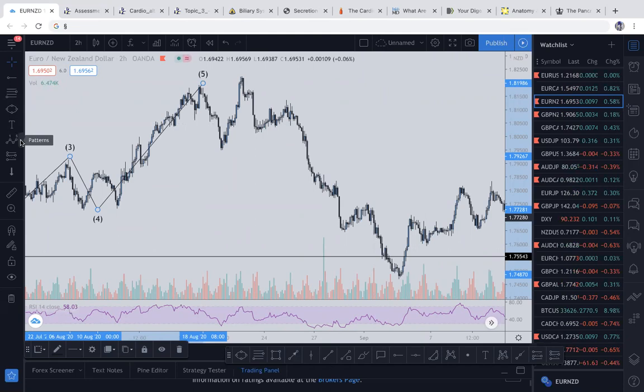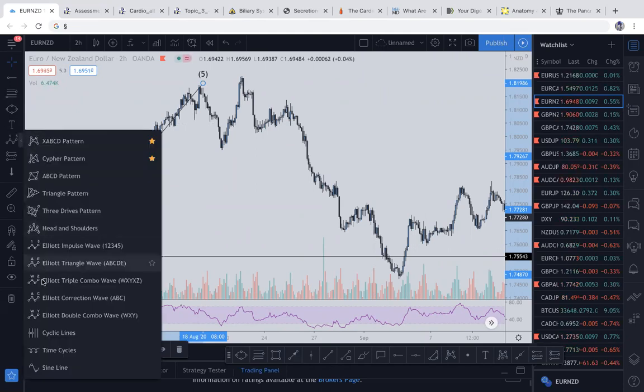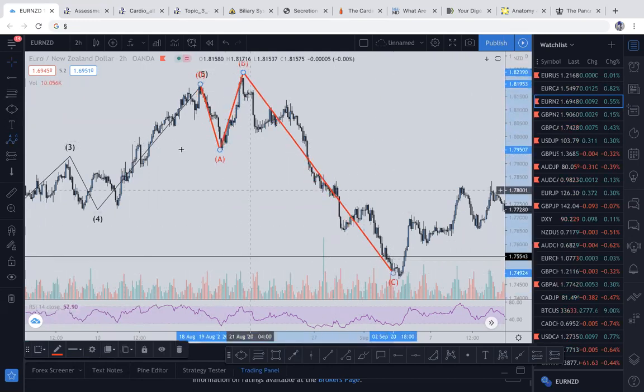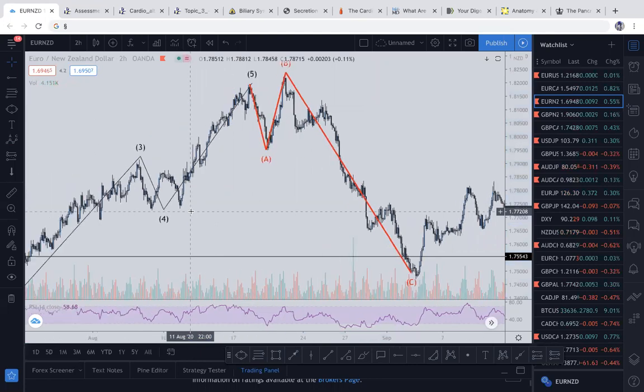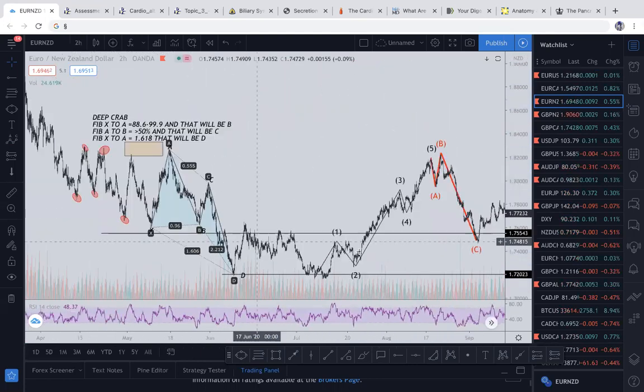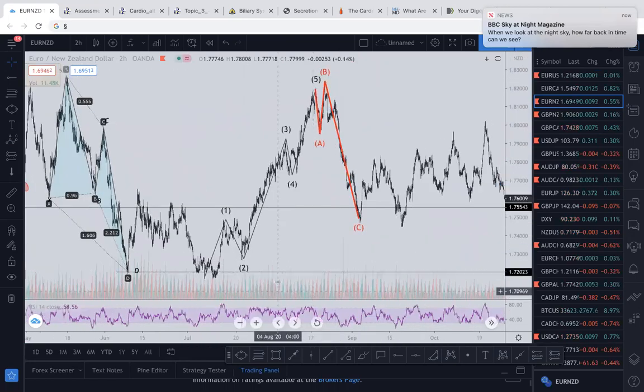Then you can have your ABC again. So if you get the wave at the right areas, price is always going to move the way you want it to move.